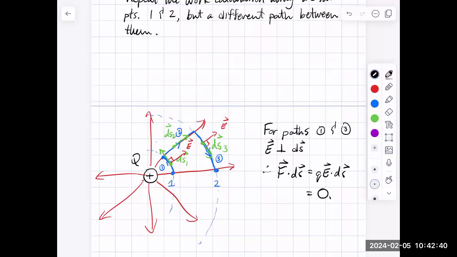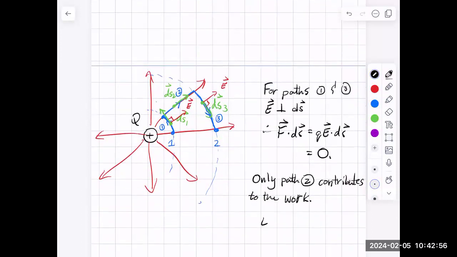So only path 2 contributes to the work. And in this case, along path 2, E is parallel to ds2.